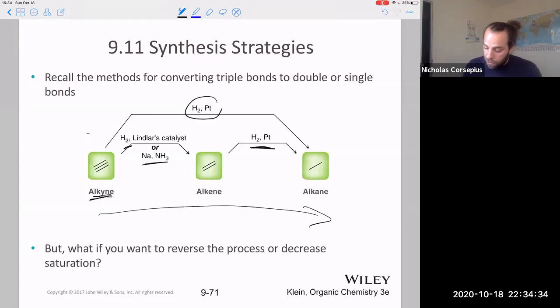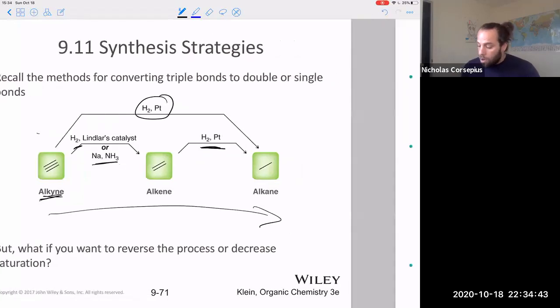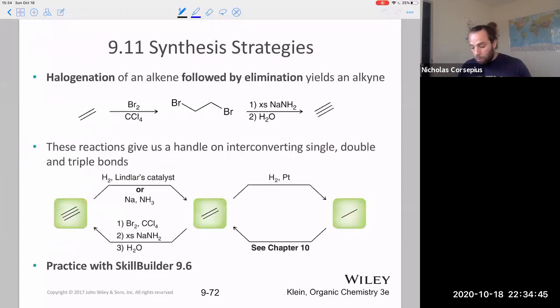If we want to skip directly from an alkyne to an alkane, we can do that as well with catalytic hydrogenation, right? But I think almost more importantly is this idea that we know how to go the other way too, right? We know how to go from an alkene to an alkyne. And that opens up a lot of possibilities, and back and forth, right?